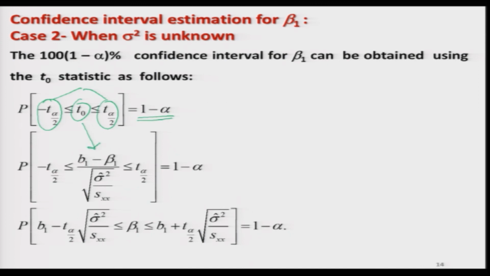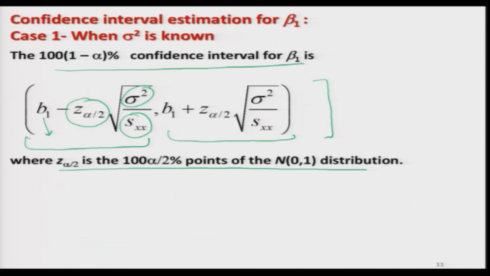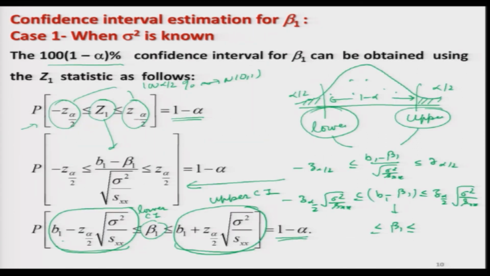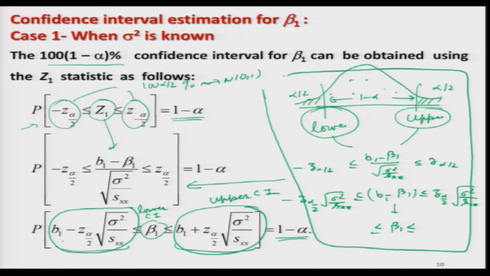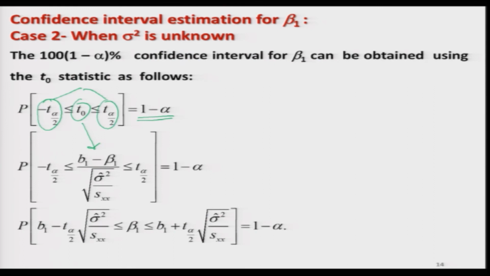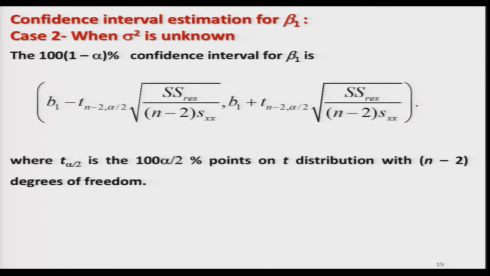So you simply substitute the value of T naught and simplify it exactly in the same way as we have done here, very simple, and then you will obtain this inequality, and the probability that beta 1 lies between these two limits is equal to 1 minus alpha. Hence I can obtain the 100(1 minus alpha)% confidence interval for beta 1 when sigma square is unknown, as here.